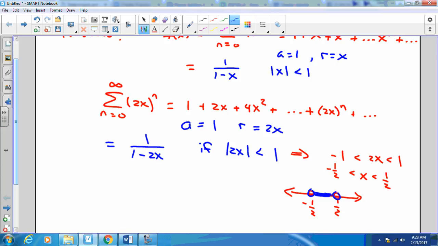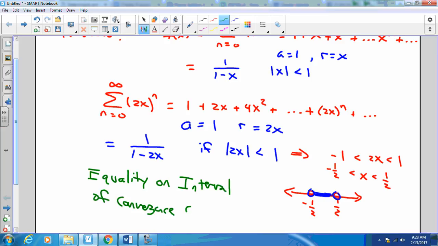So there is equality on the interval of convergence only. This is the big principle. On the interval of convergence only.